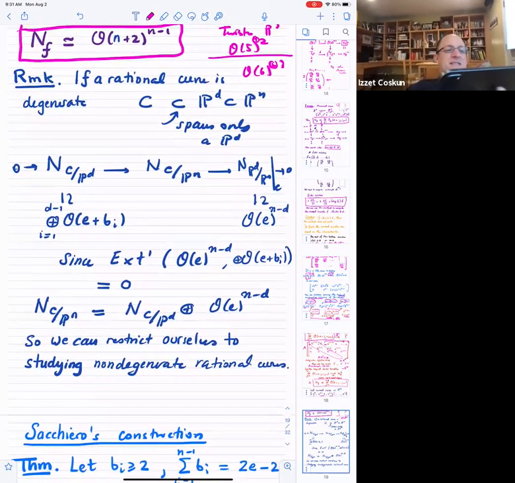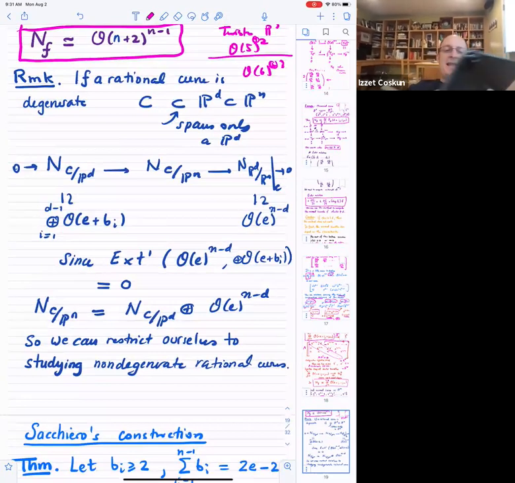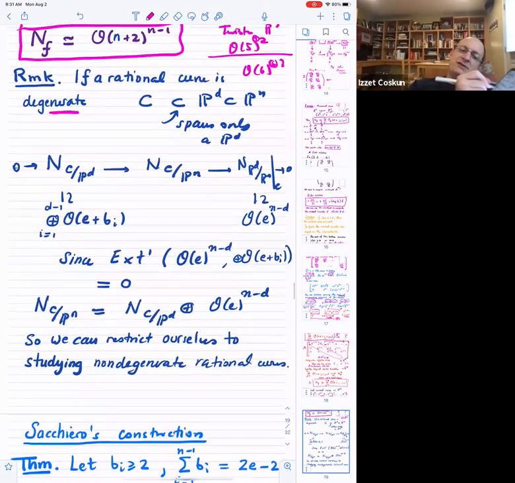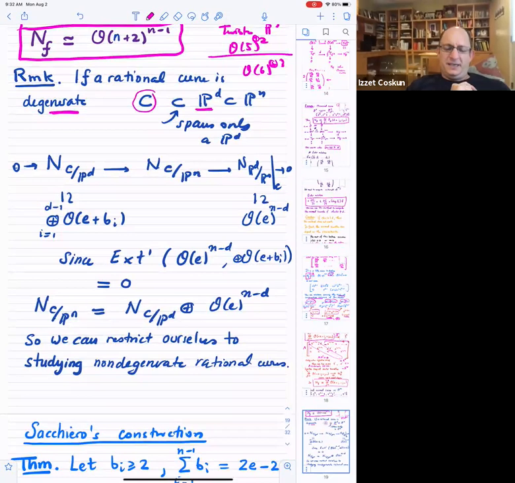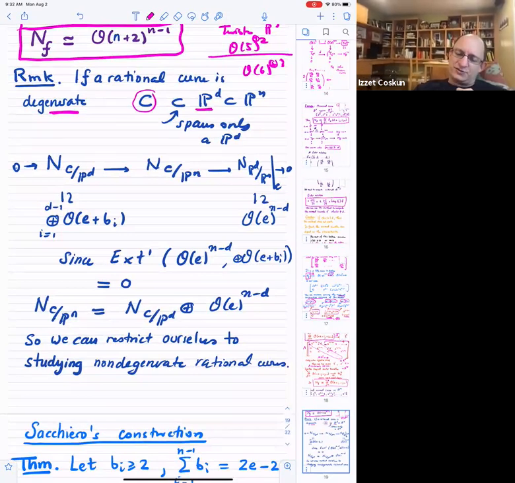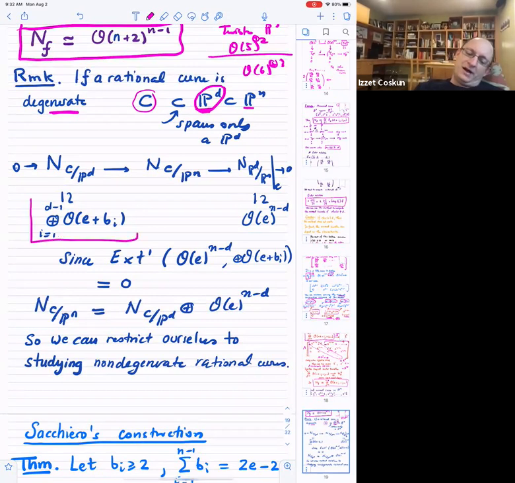Oh, let me make a quick remark. It can happen that the rational curve is degenerate, so that means that the span of the image is a smaller dimensional projective space. Then it's not very interesting what happens. If you know the normal bundle of the curve in this P^d, then you also know it in this P^n. The normal bundle of P^d in P^n, that's a linear space, so it's a bunch of pullbacks of O(1), so that's a bunch of O(1)'s.